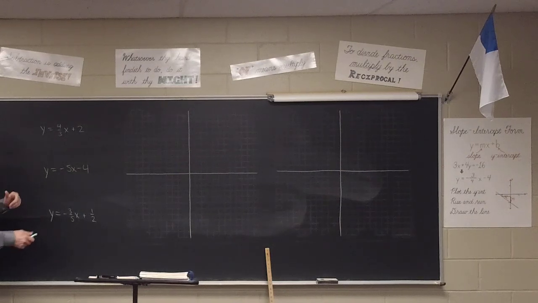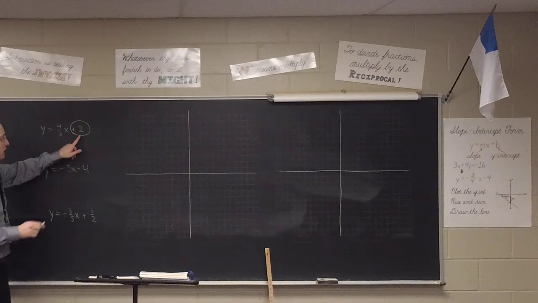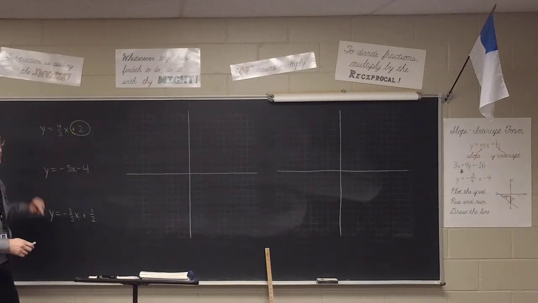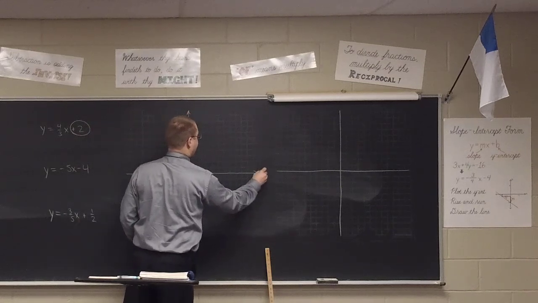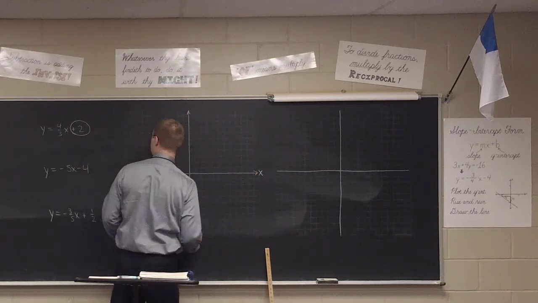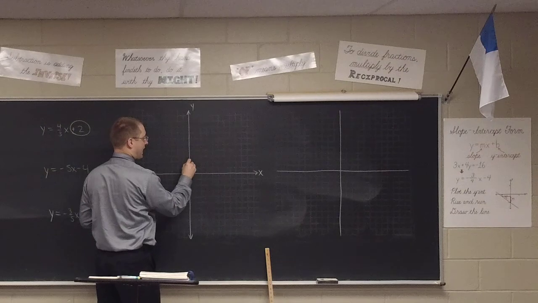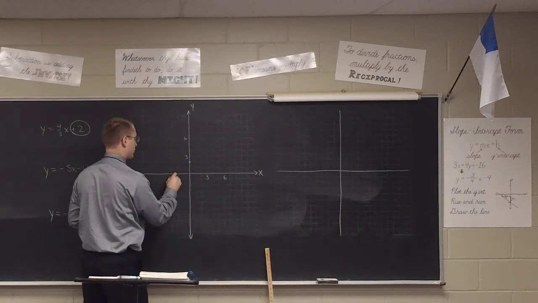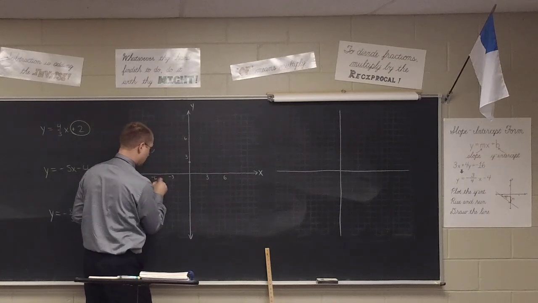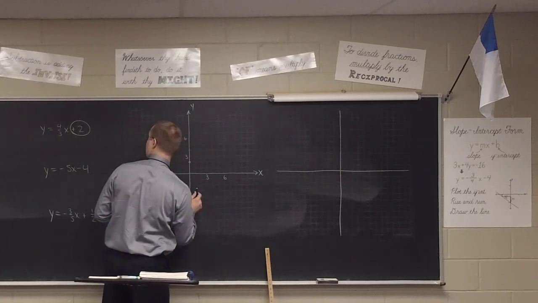We establish the starting point by first plotting our y-intercept. So the first thing we should have done in number 6 was to plot our y-intercept, class, at positive 2. So we come up here to positive 2, plot our y-intercept there. Then from there, class, we should rise 4 and run 3.